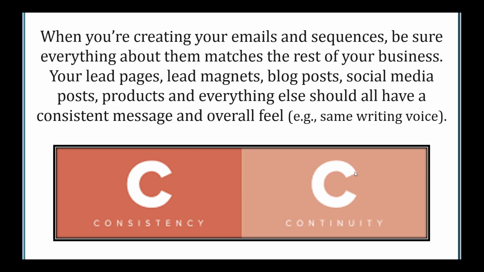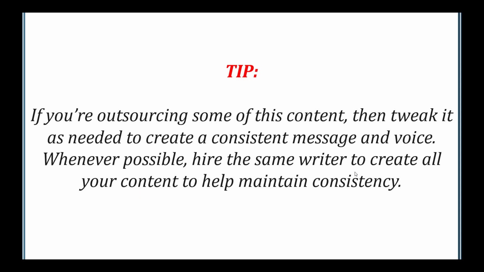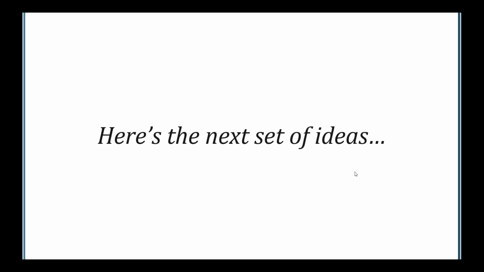For example, same writing voice. Now, if you are outsourcing some of this content, then tweak it as needed to create a consistent message and voice. Whenever possible, hire the same writer to create all your content to help maintain consistency.